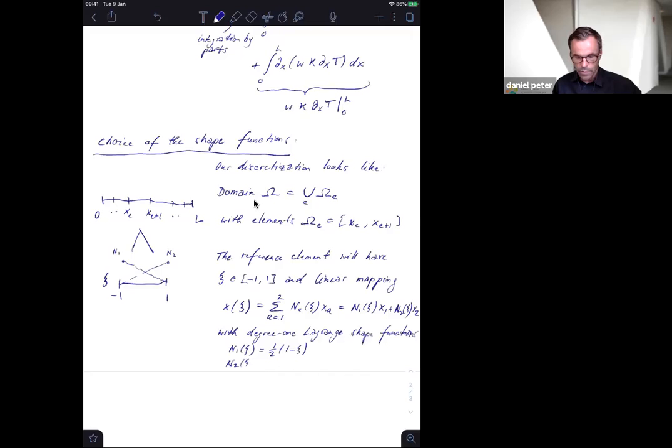Then N2 of xi is 1/2 times 1 plus xi. These are sometimes also called anchor shape functions, where the nodal points, for example xe plus 1, and in the reference element at -1 and 1, are called the anchor points.